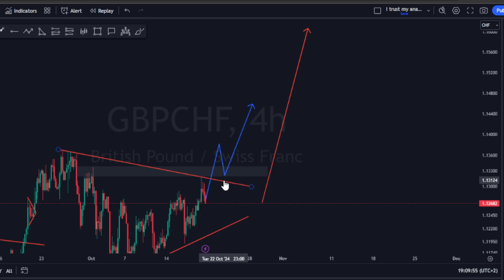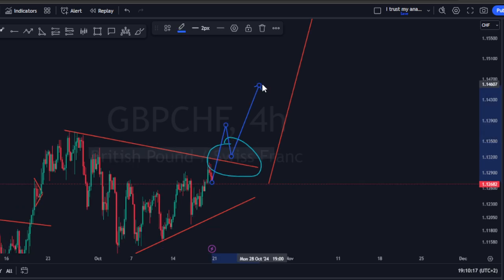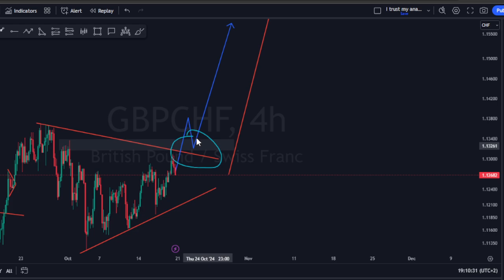So as long as price plays around these areas, once it breaks out and gives us a retest, I know for sure that I will be looking for my entries. That will be my confirmations to the upside. And as mentioned, this will be my first TP, and that will be my second take profit.